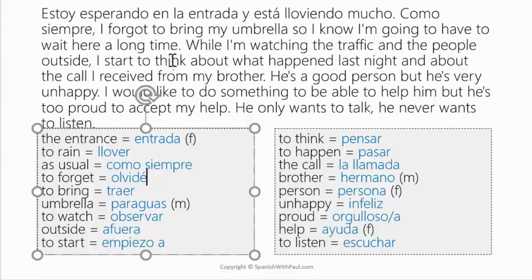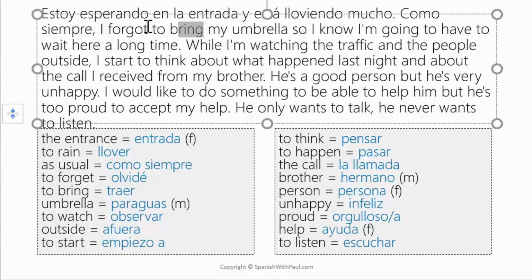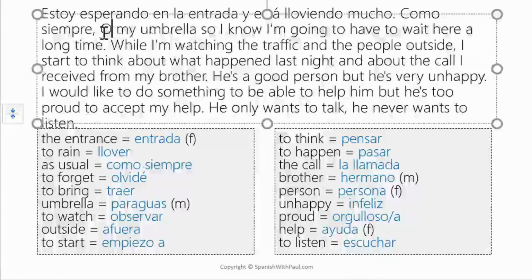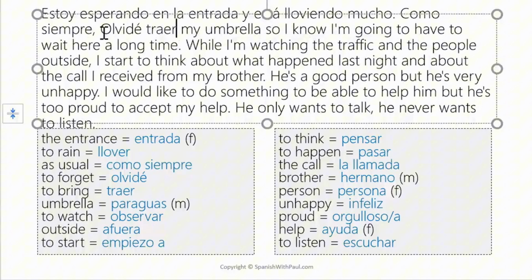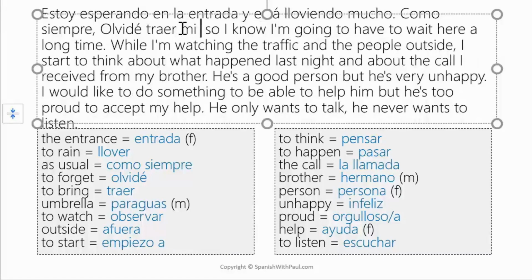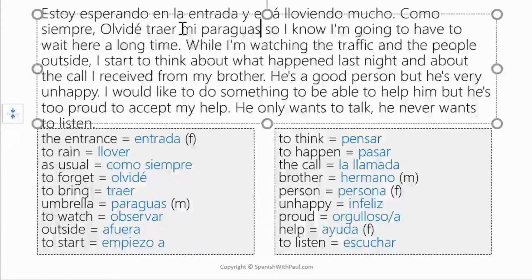And then the verb to bring, traer. So let's get this much. Olvidé, traer. Now my umbrella, mi paraguas. The word so, we can go with entonces or así que, either one is fine. Let's use entonces.